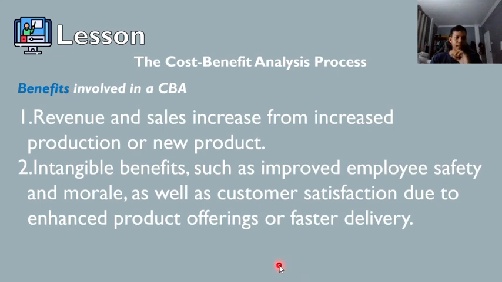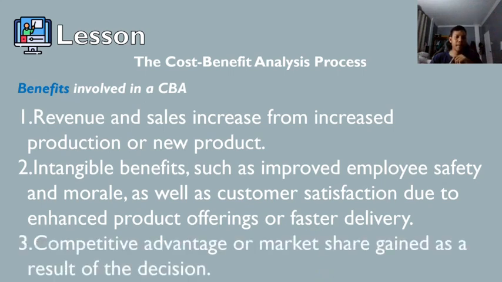Okay, again, these are the examples that I discussed to you a while ago about the intangibles on employee safety and morale, as well as customer satisfaction due to the enhanced product offerings or faster delivery. So these are on the positive side on the benefits. And lastly, competitive advantage or market share gain as a result of the decision. So these three things are the examples of the benefits, the positive side.